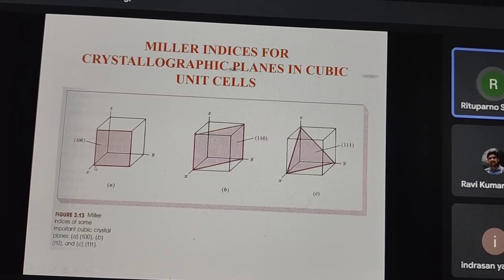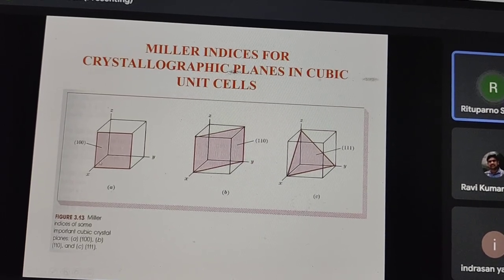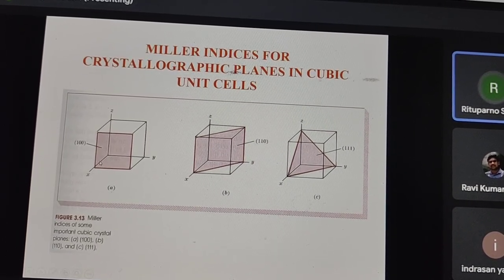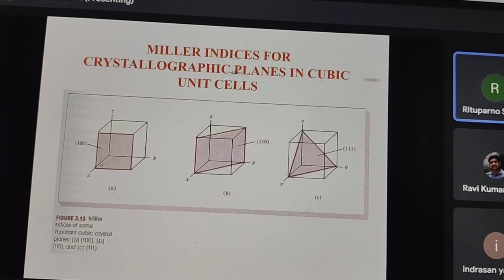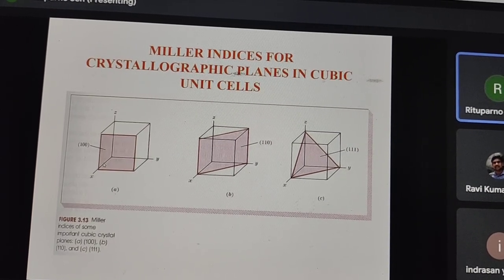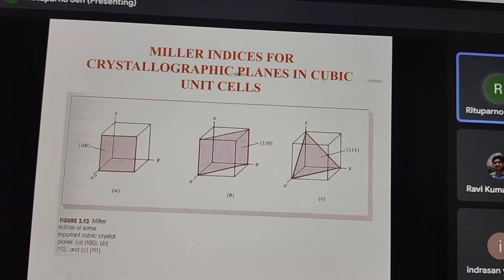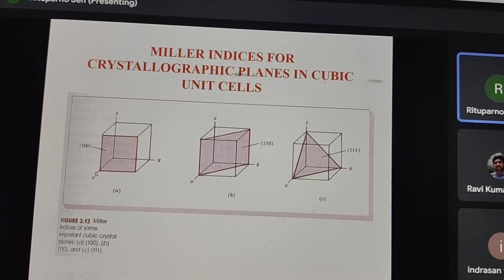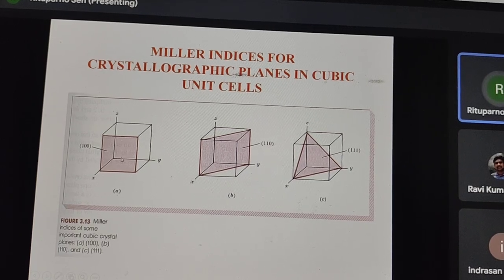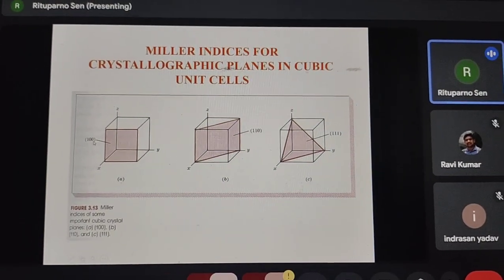So this has touched upon this point. So if you go through this plane of this cube, this face of the cube which is in front of you, you can see this face of the cube. So this plane is 1, then 0 and 0, because if you want to have the intercepts, then you have to take the reciprocals.